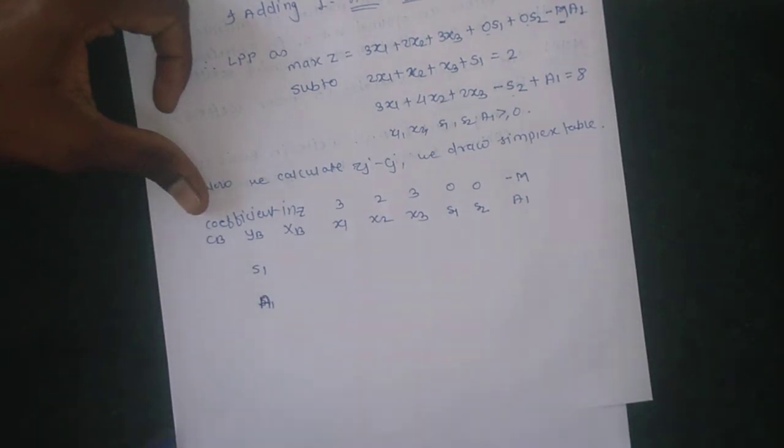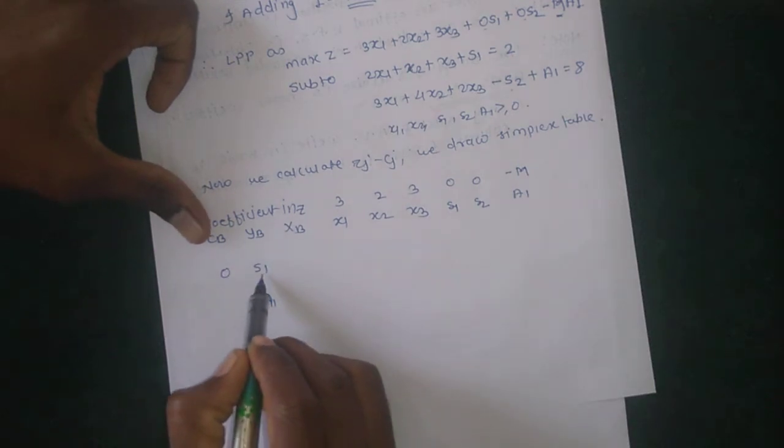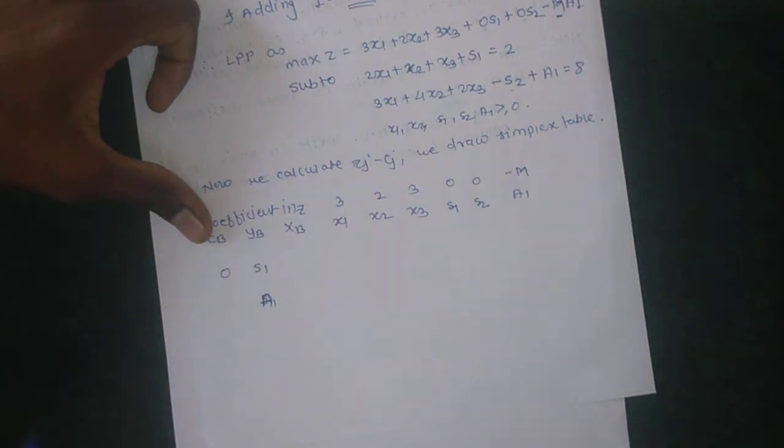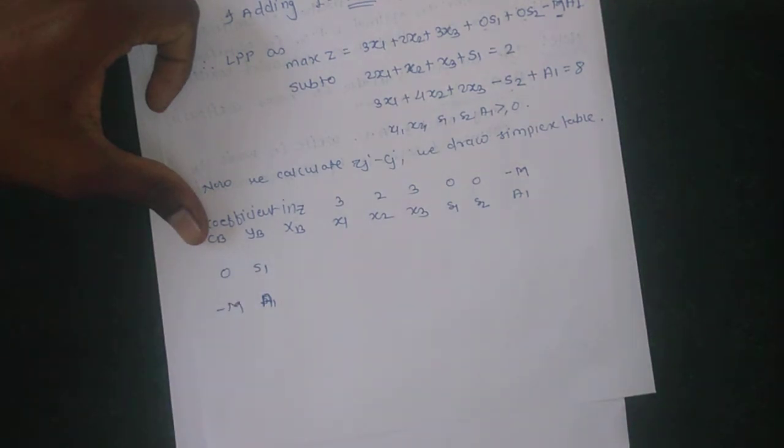Putting their costs in CB: s1 has cost 0 in the objective function, a1 has cost minus M.